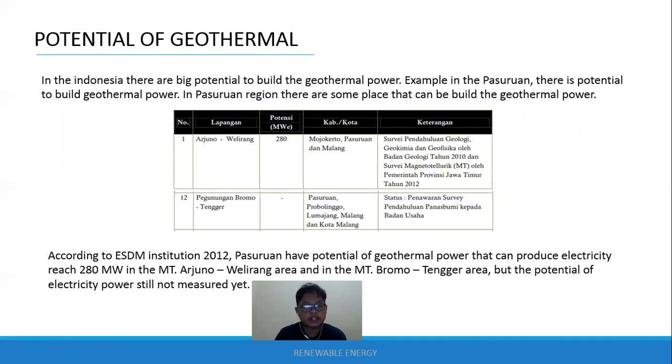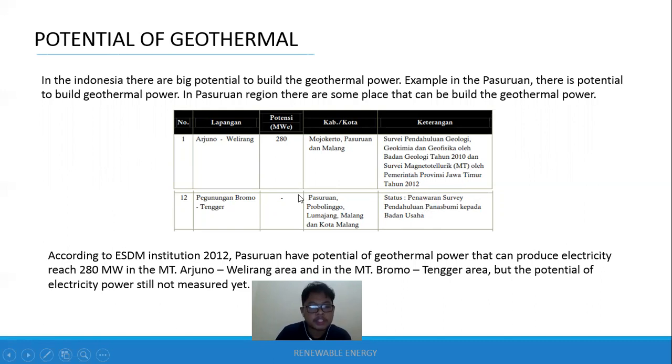According to the ASTM institution 2012, Pasuruan has geothermal potential that can produce electricity reaching 280 megawatt in the Mount Arjuna Welirang area. And there is also potential in the Mount Bromo Tengger area, but the electricity potential has not been measured yet.